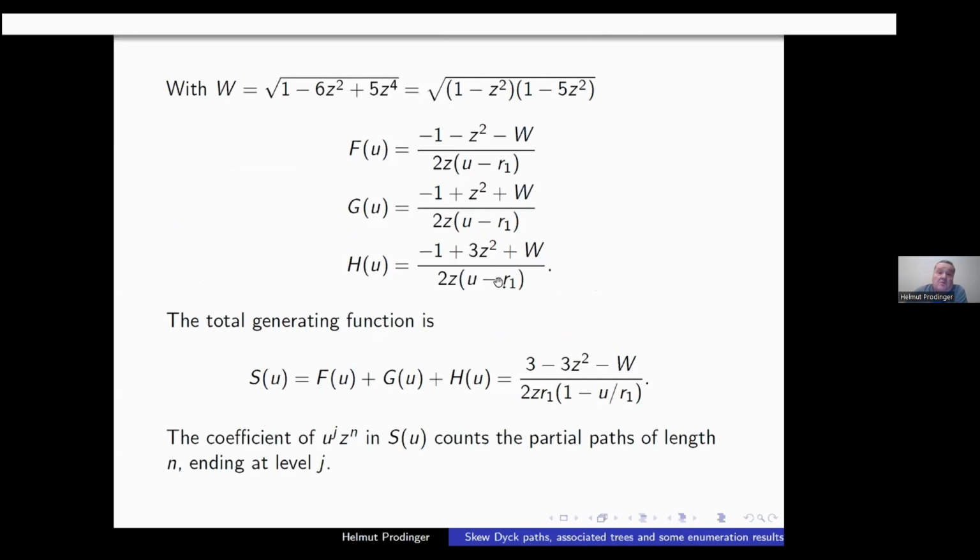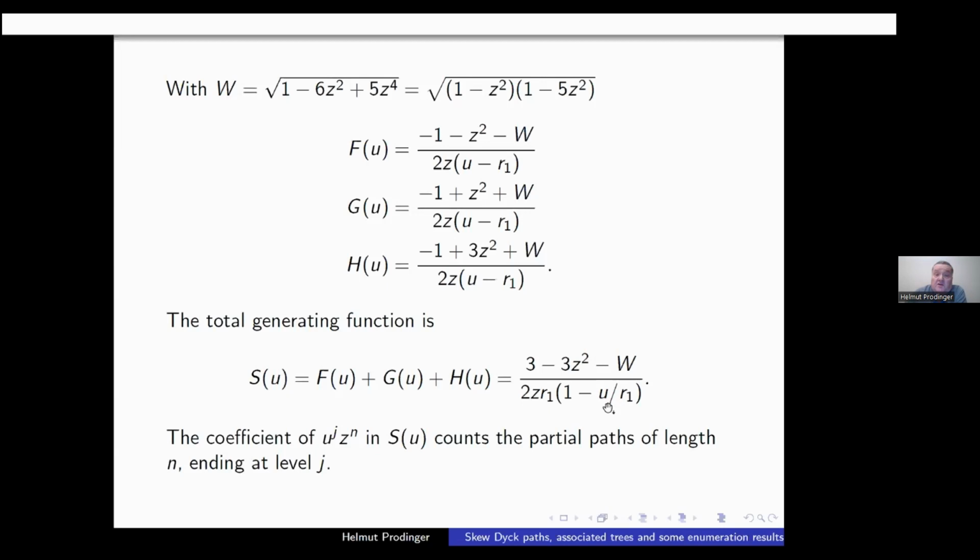From now on, we only want the sum of the three. I mean, one could work out all of them separately, but that's not what I'm doing now. And so we sum up all these three things. And as you see, the variable u only appears in this place.